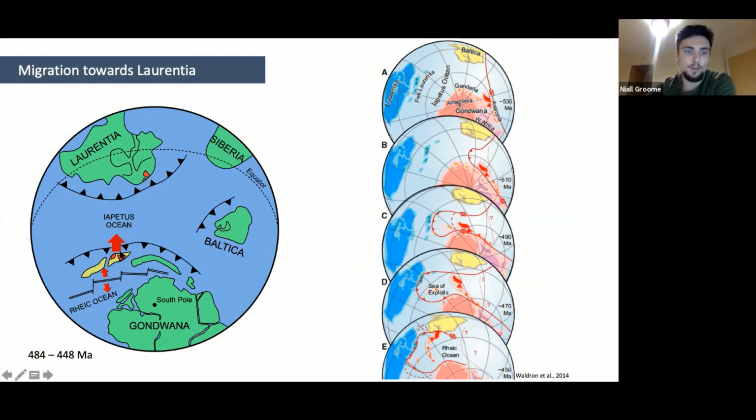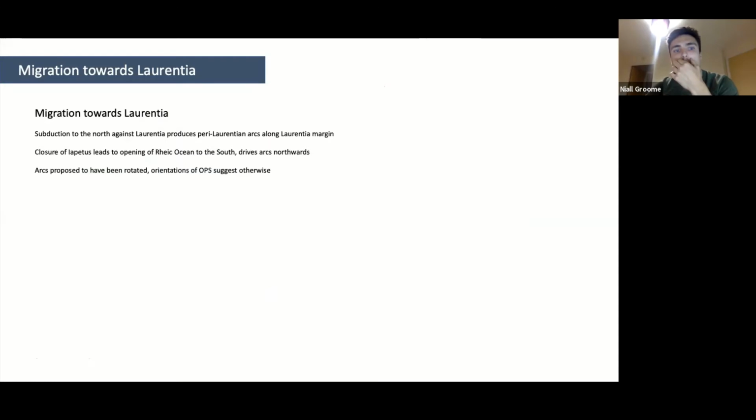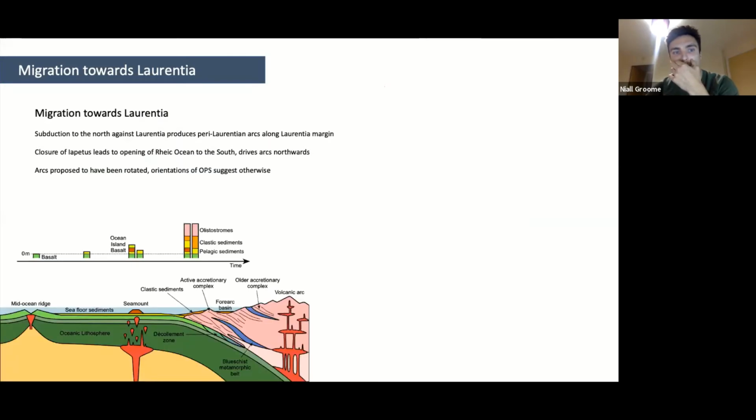So the oblique subduction of our Iapetus Ocean is actually driving transcurrent movement to cause the rotation of our arc material, as opposed to just a straight line path. The problem with this is that it requires the rotation of the arc material, which doesn't necessarily fit with what we see on Anglesey.